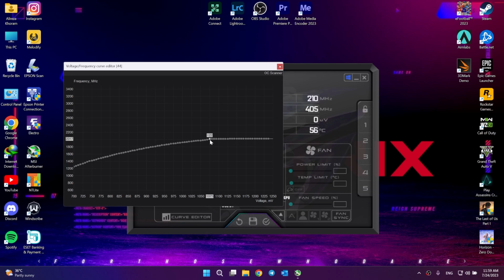So now I have reached a spot where I'm using 2017 megahertz frequency, but using 1075 millivolts. Now I have to run a benchmark test or a game and see if any crashes or glitches will happen.